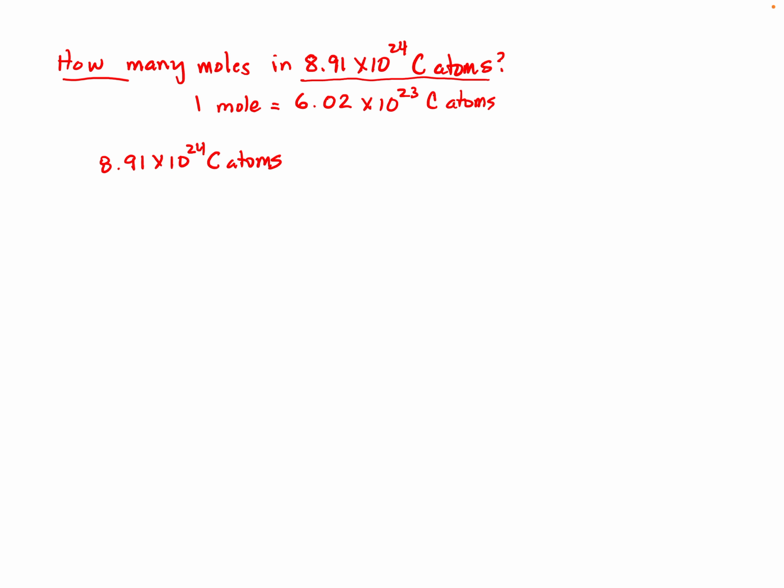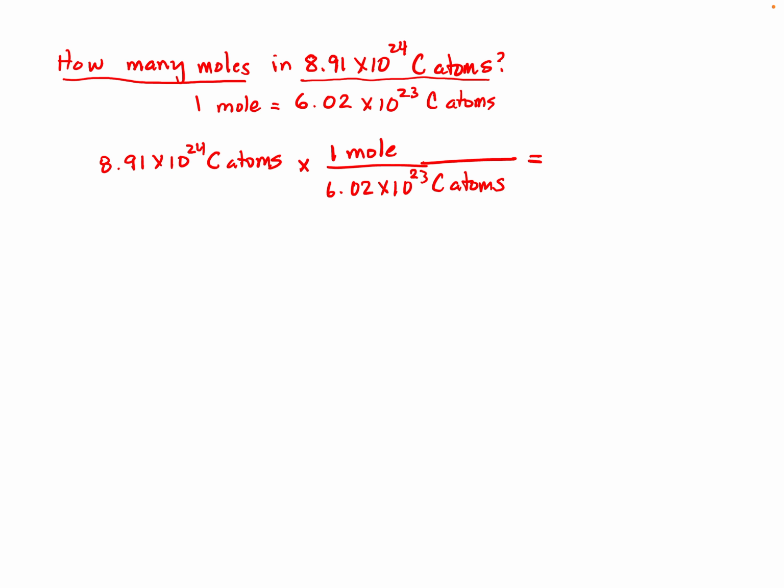It's asking us how many moles, right? So which thing needs to be on top? Yep, what we want is moles. So we knew 1 mole over 6.02 times 10 to the 23rd carbon atoms in 1 mole. And that should give us our moles.